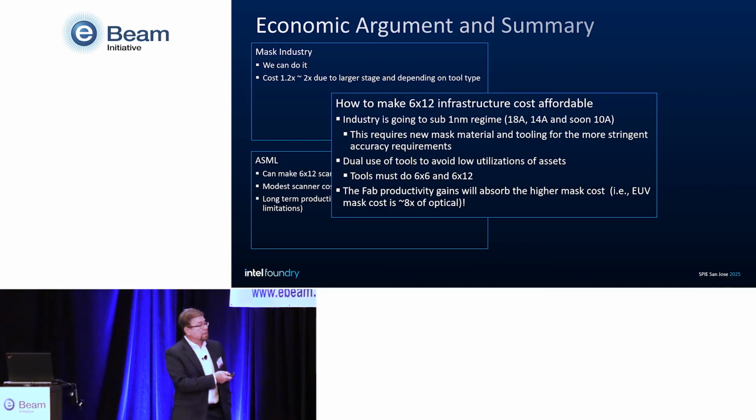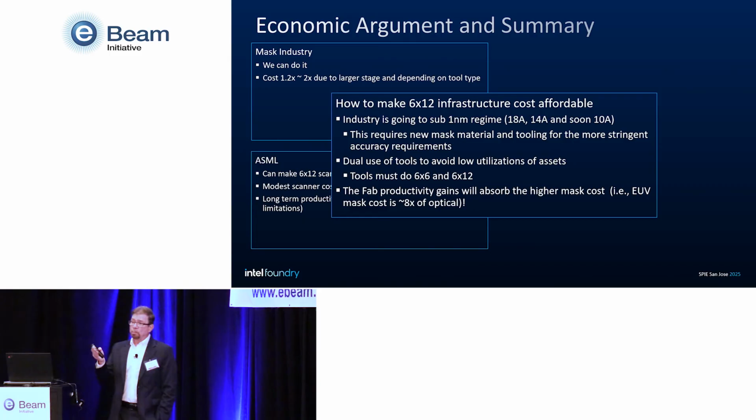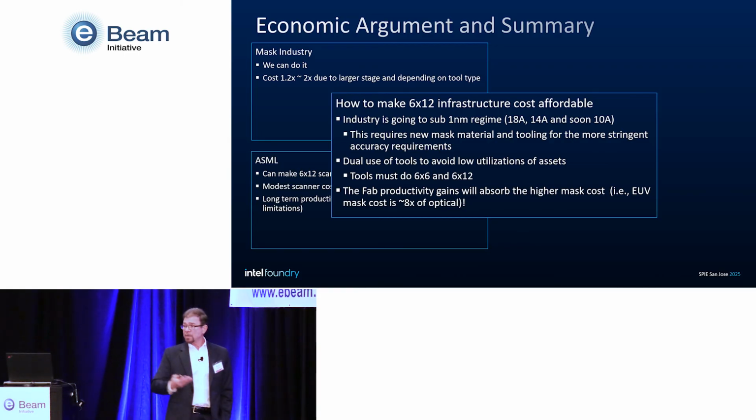Now, if we make the tools 6 by 6 or 6 by 12, then we can bring the tools in, put them in production at 6 by 6, and start developing the 1 nanometer node. Maybe a couple of days a week, we do 6 by 12 experiments, but now we're getting our money back on that capital investment. And the same goes for the scanner. You don't want a scanner sitting there that only does 6 by 12. You really want to utilize it to make your normal production.